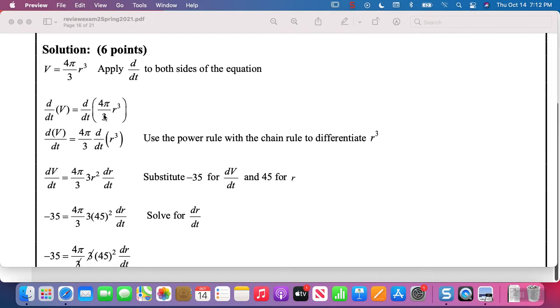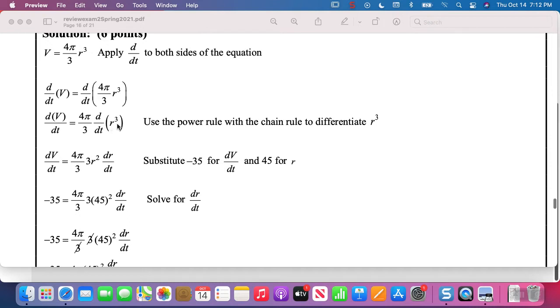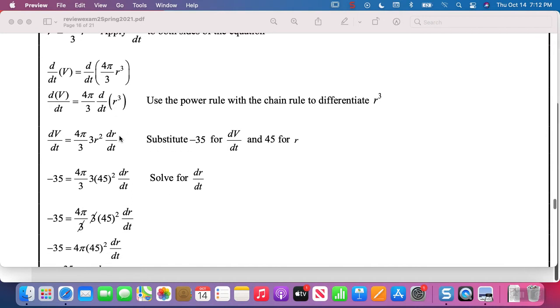Because 4 pi over 3 is a constant, we just apply the derivative to the r cubed term. We use the power rule followed by the chain rule. The derivative of r to the third is 3r squared, and the chain rule says to take the derivative of the inside function, so we have dr/dt.